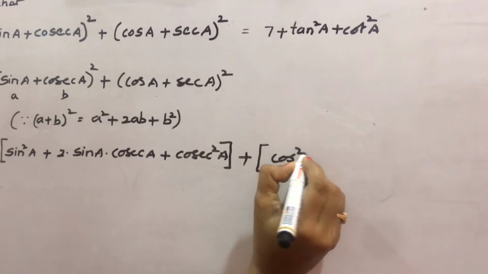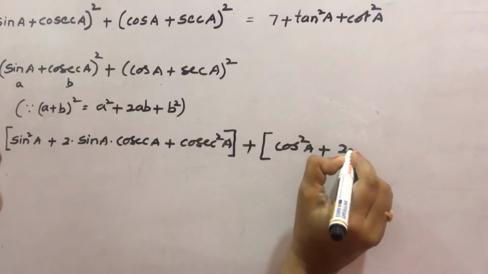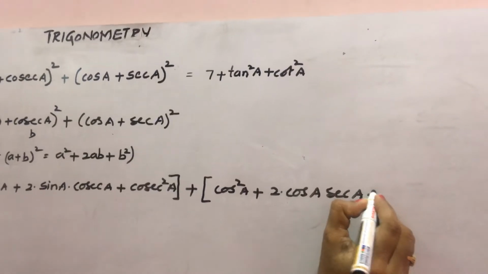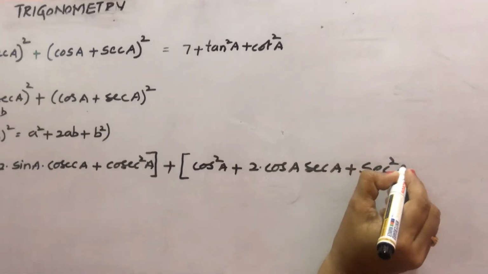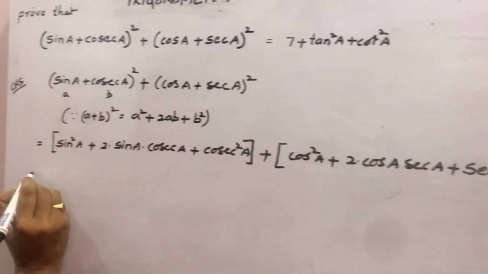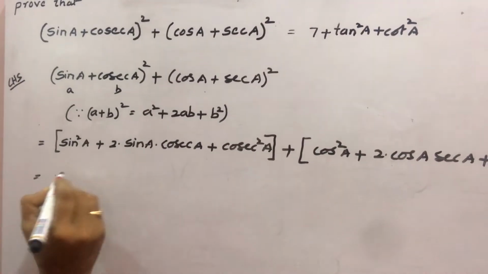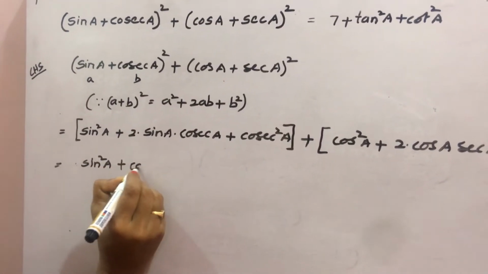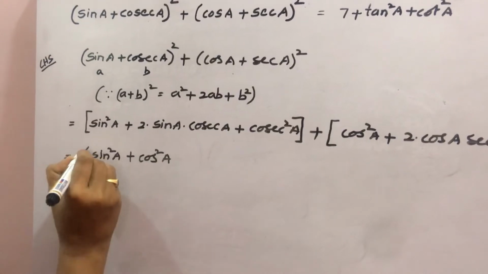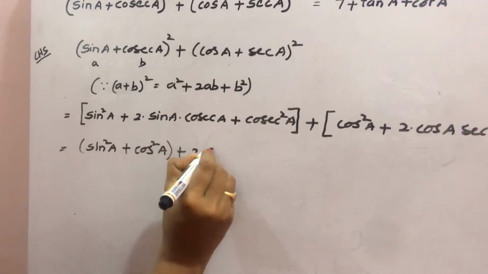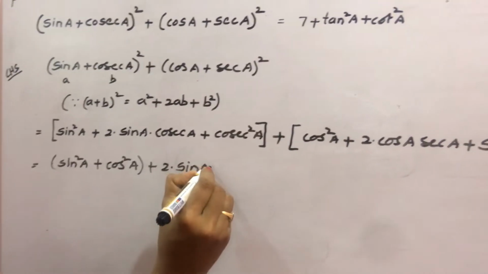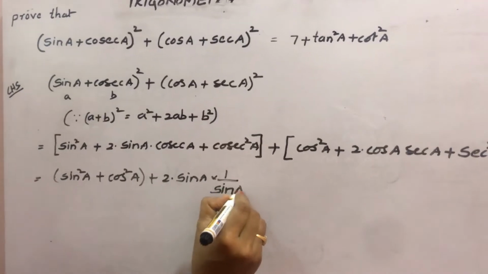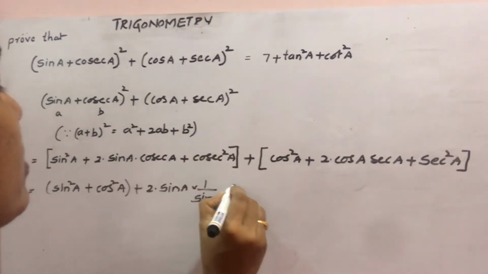A square is cos square A plus 2AB is 2 cos A into sec A plus sec square A, which is equal to, we can together write sin square A plus cos square A, plus 2 into sin A into cosec A, we can write 1 by sin A, as we know sin A and cosec A are inverse functions.